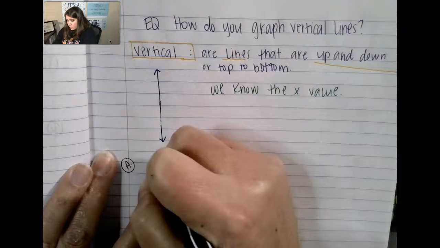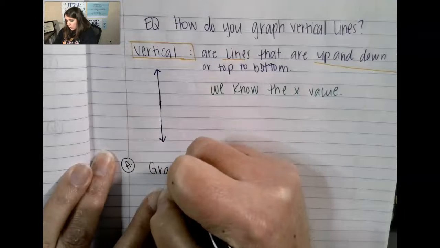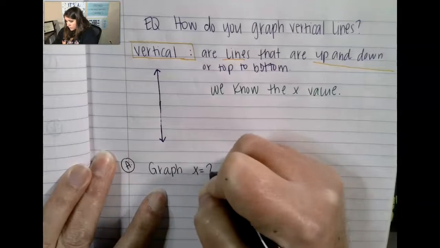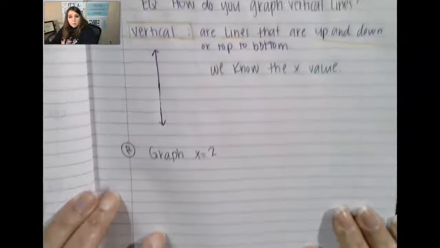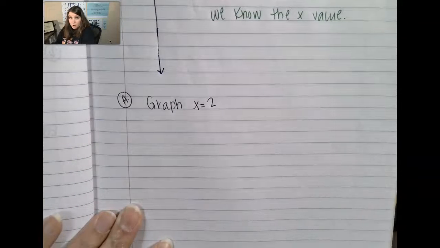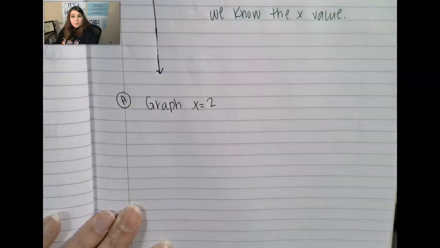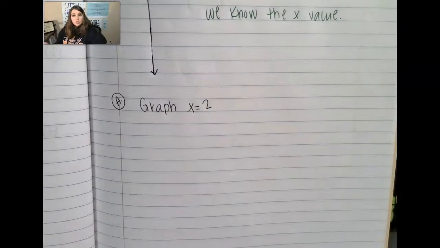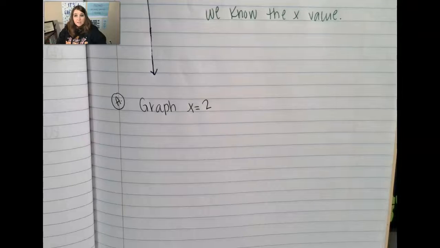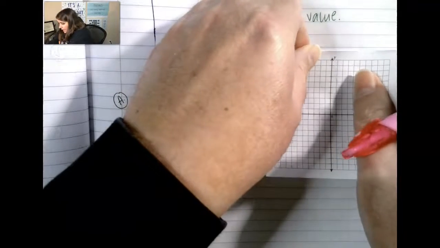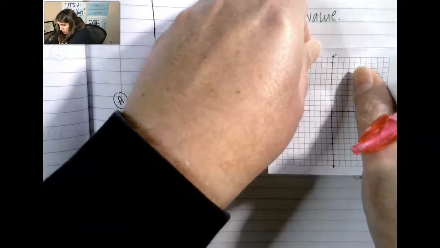All right, example A says to graph x equals 2. So we know that x is 2. We do not know y. So we're going to start out just like we did last time, and we're going to graph x is 2. On my piece of graph paper, I am going to look for x equals 2.